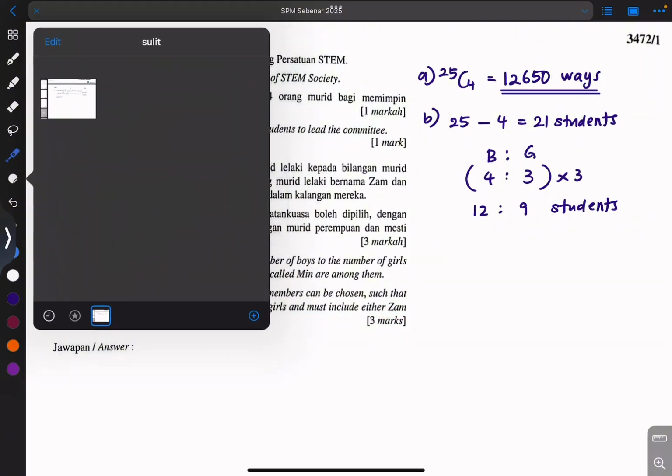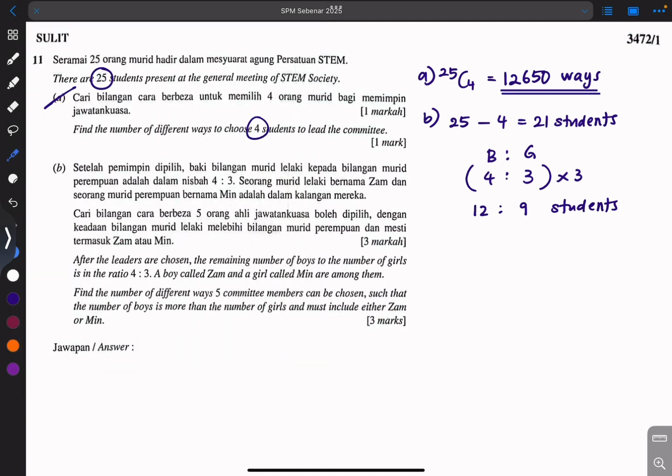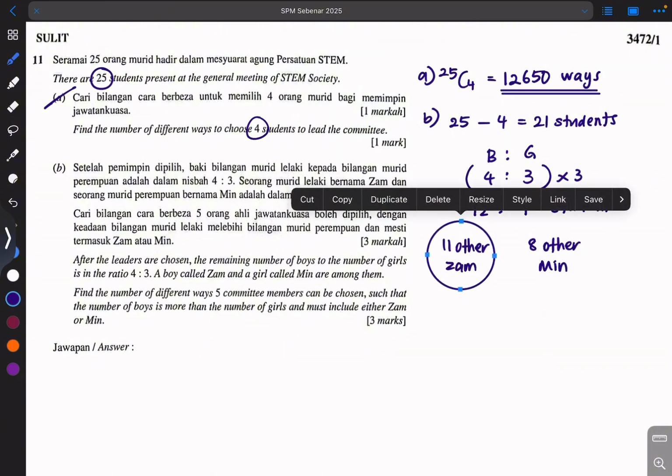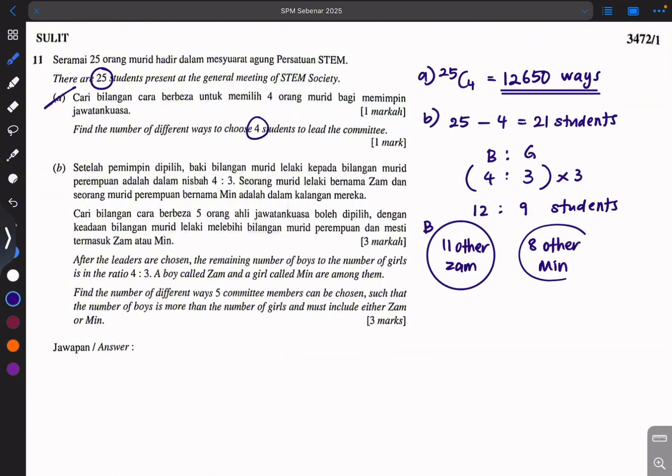So we have 12 boys and 9 girls. So if we remove Zam and Min, we have 11 other boys and 8 other girls. Okay, then we have Zam and we have Min. This is our current team. These are the number of boys. These are the number of girls.